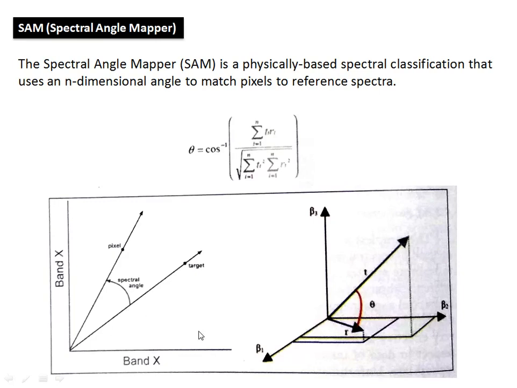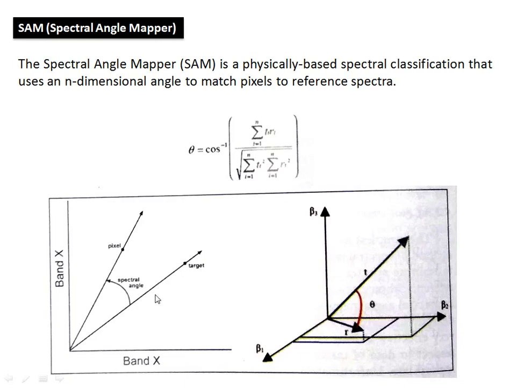The length of the vector represents the brightness of the pixel, while the direction represents the spectral feature of the pixel. The greater the length, the greater the brightness. Length determines the brightness, and direction represents the spectral feature.